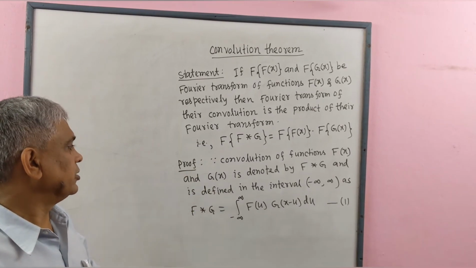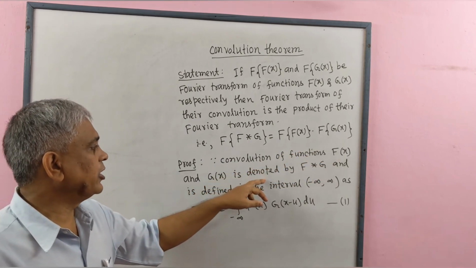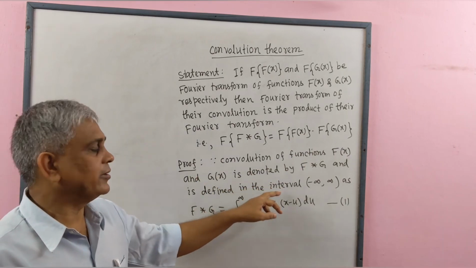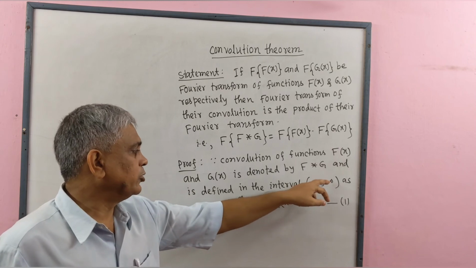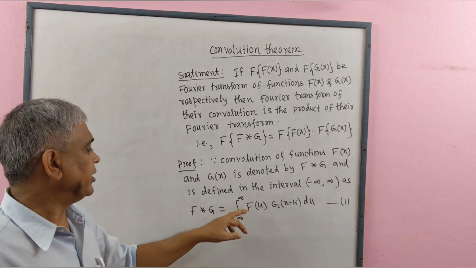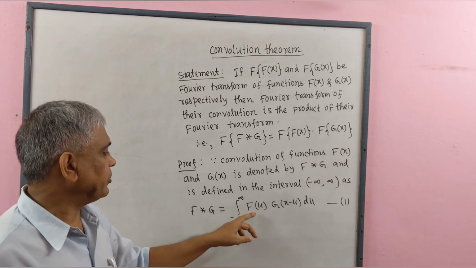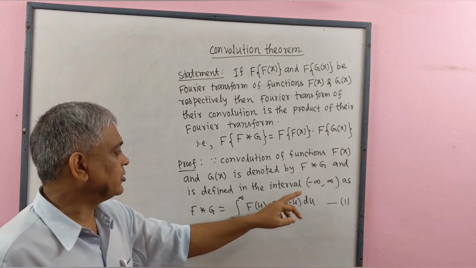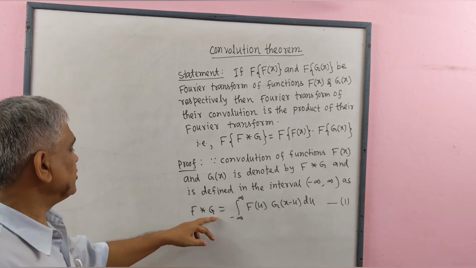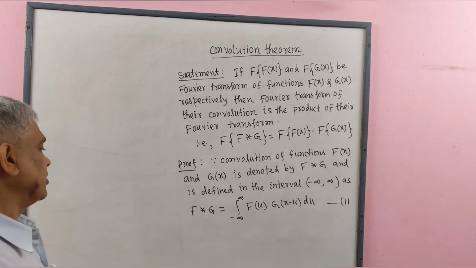Now we shall prove this. Since the convolution of functions f(x) and g(x) is denoted by f star g and is defined in the interval minus infinity to infinity as f star g equal to the integration from minus infinity to infinity of f(u) g(x minus u) du. Now we shall find the Fourier transformation of this convolution of f(x) and g(x).